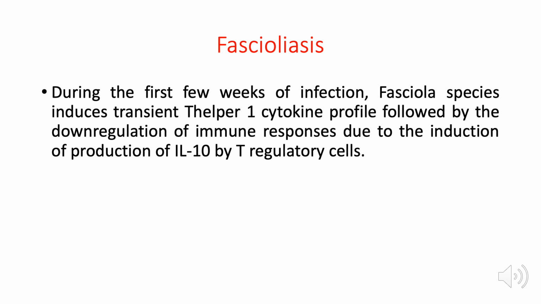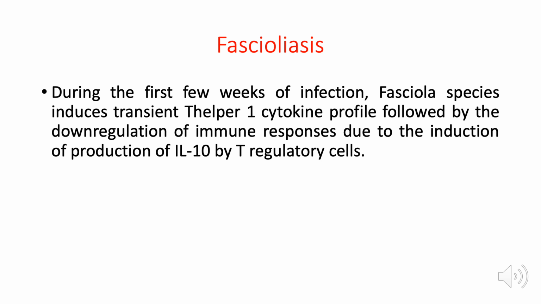And this is the reason why patients will only exhibit the signs and symptoms in the acute or invasive phase. Because during that phase, Fasciola and its antigens can induce cytokine production by T helper 1. That's why there is an immune reaction against the parasite. The patient will become symptomatic.